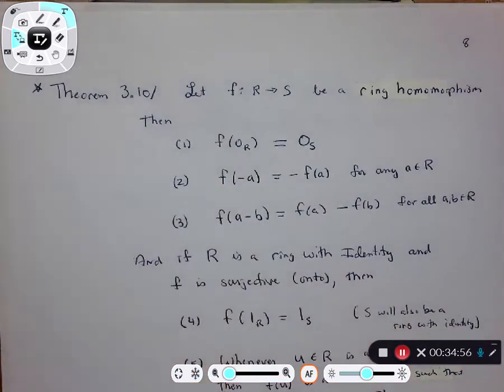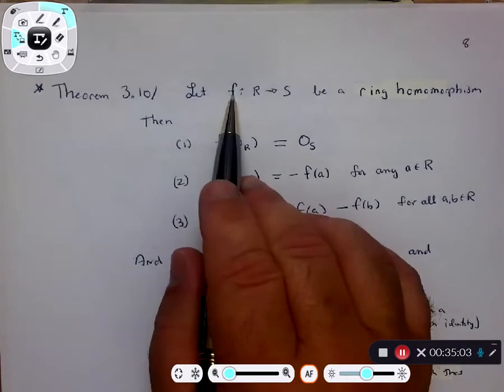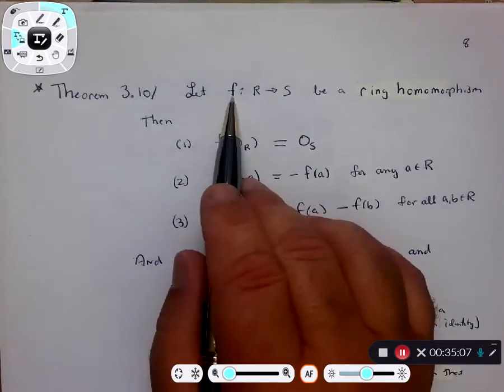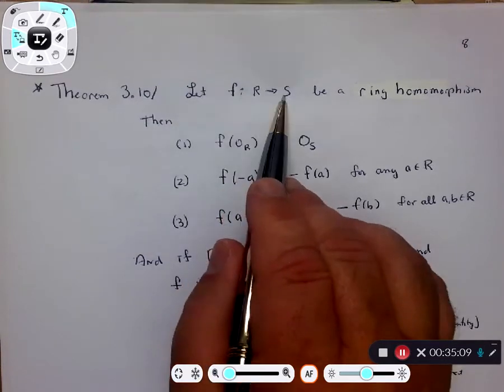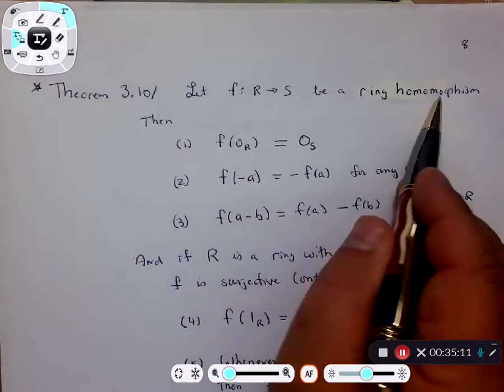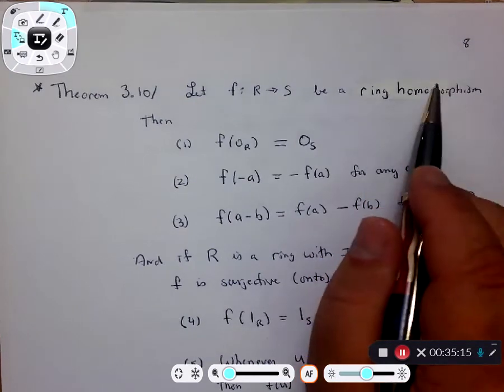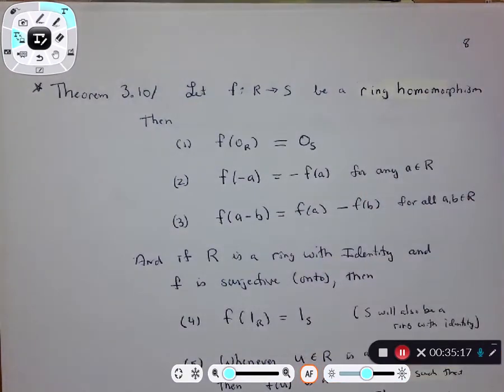Again, there's a couple of things I want to define for you as I talk about Theorem 3.10. So here's my wording. Let f, I'm copying this out of Dr. Hungerford's book, otherwise I would have used phi or something, let f go from ring R to ring S be a ring homomorphism. So this is my new fancy word right here. Just remember, mathematicians are inherently lazy. We're always looking for shortcut ways of writing stuff out.